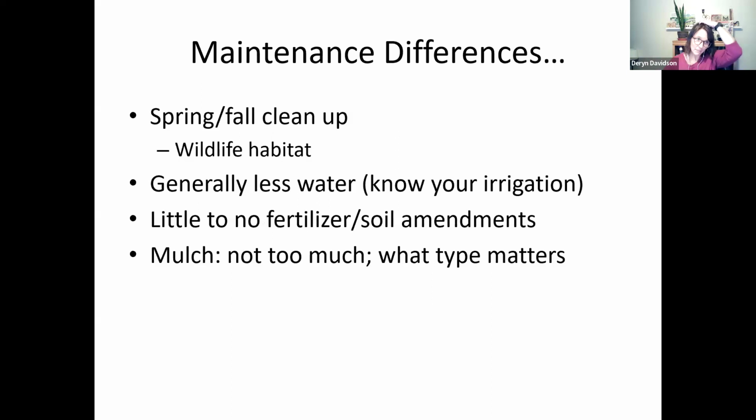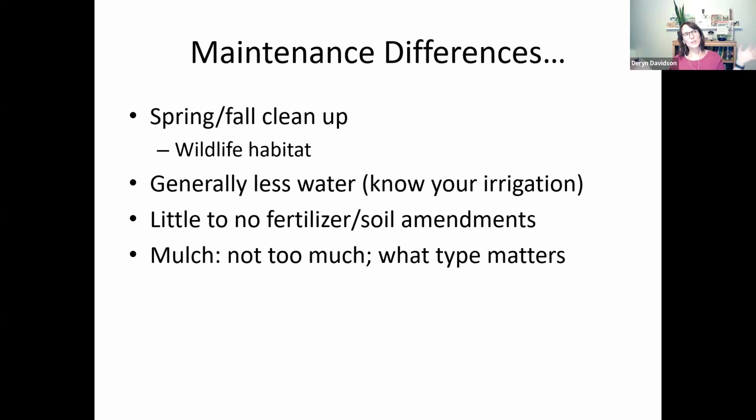Spring and fall cleanup. So that's potentially a bit of a difference. Not so much with natives, but people who are planting natives tend to also be gardening for wildlife to some degree. And we want to make sure that we're supporting that wildlife year round. So we're not just thinking about the flowers that we're planting, but lots of invertebrates. Beneficial insects are going to overwinter at the base of ornamentals or at the base of grasses and in leaf litter.